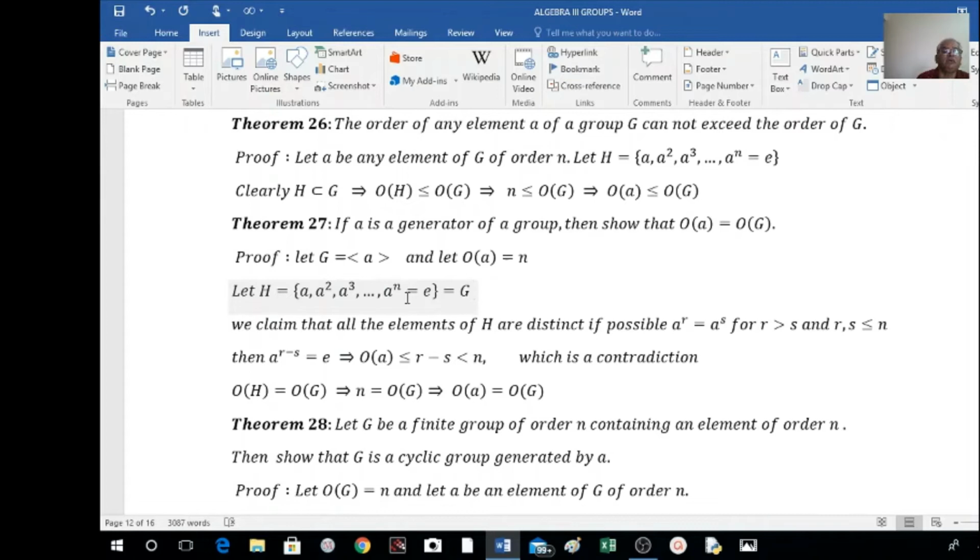It is very clear, because we have taken order of A equal to n, meaning this is the least positive integer such that A to the power of n is equal to E. Now we claim that all the elements are distinct.